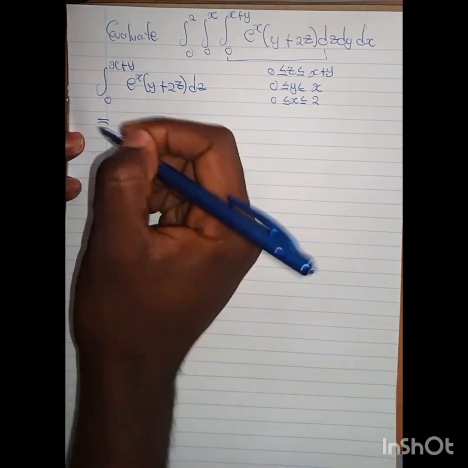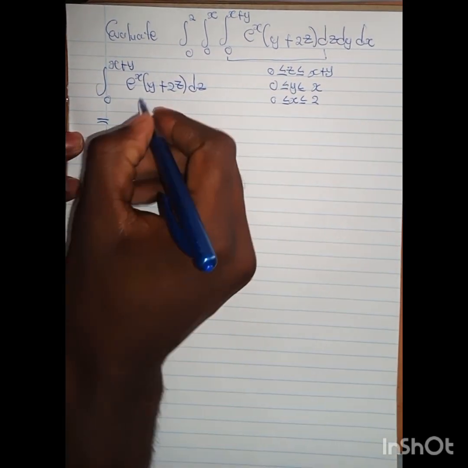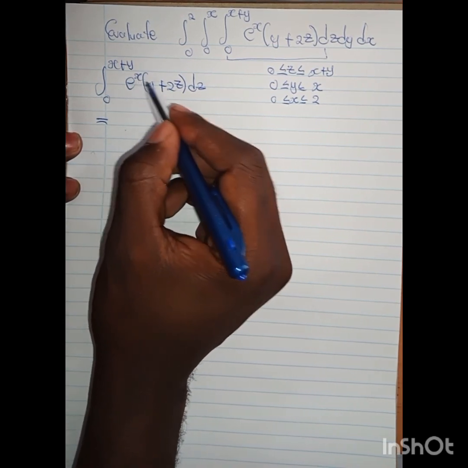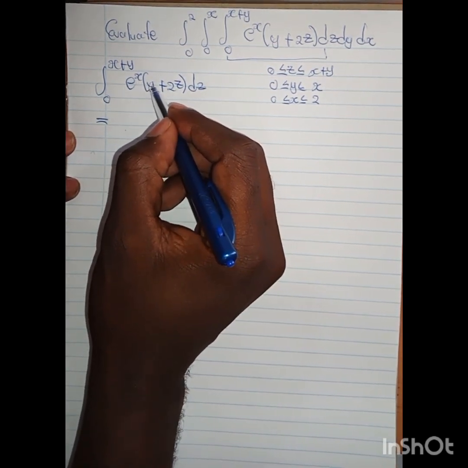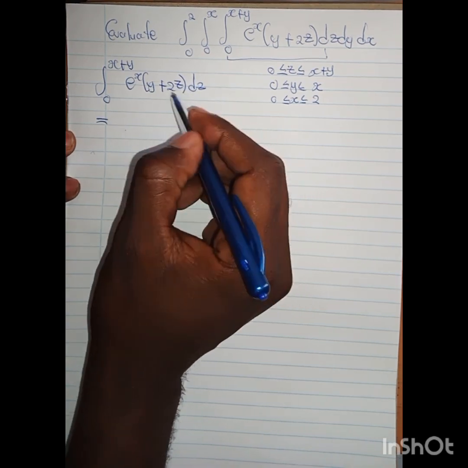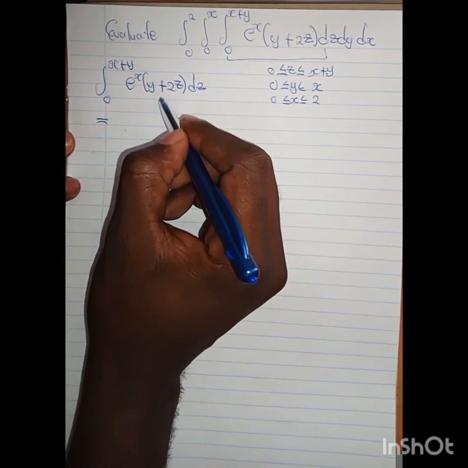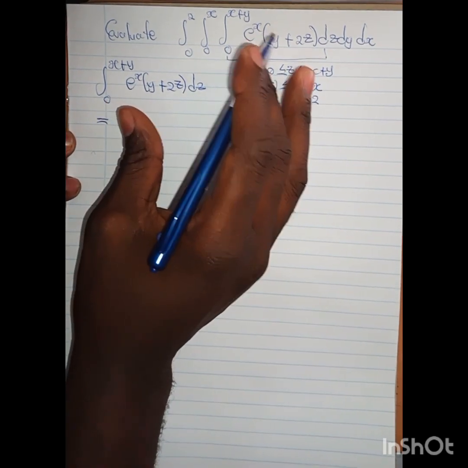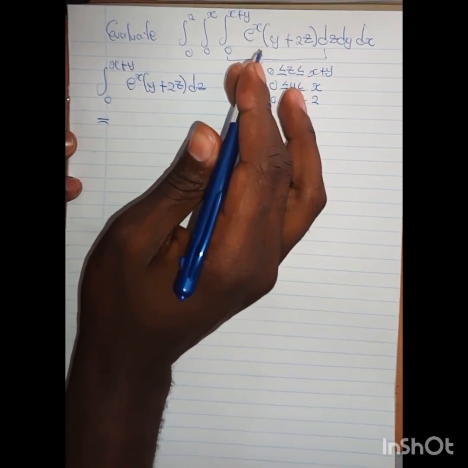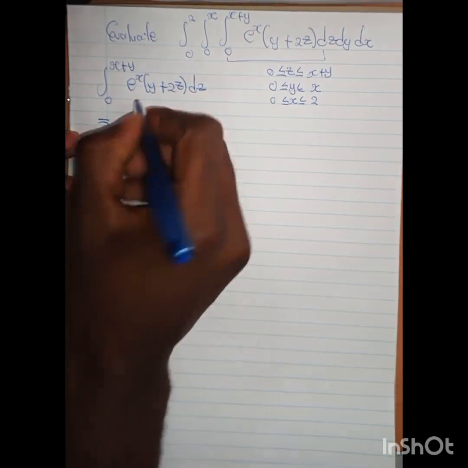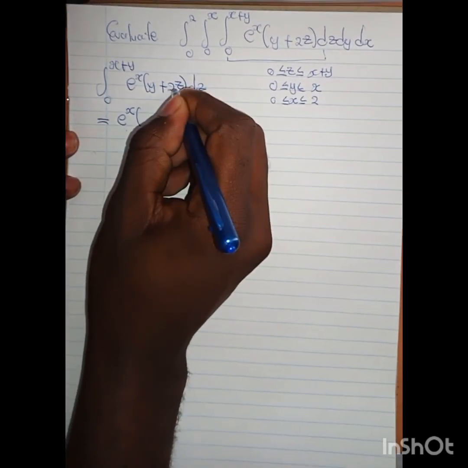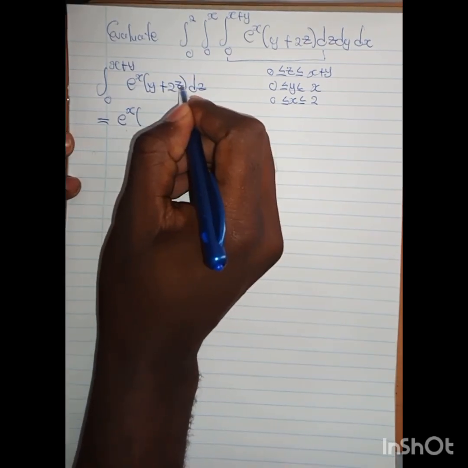So this is what we will get. When we integrate this part, we check here that e to the x will be treated as a constant along with y plus 2z. Everything here is integrated with respect to z. When we have a term which does not contain the variable z, we multiply it by z. Then this will be e to the x, and inside we have y plus 2z.